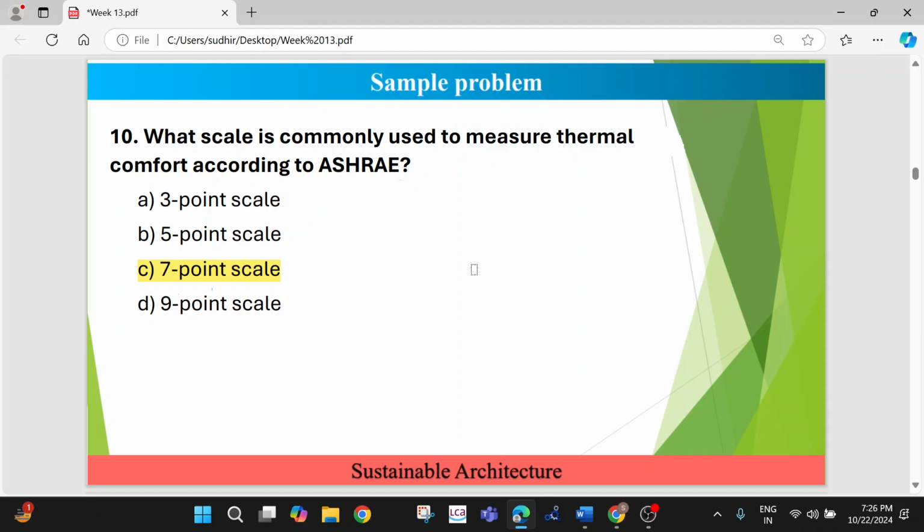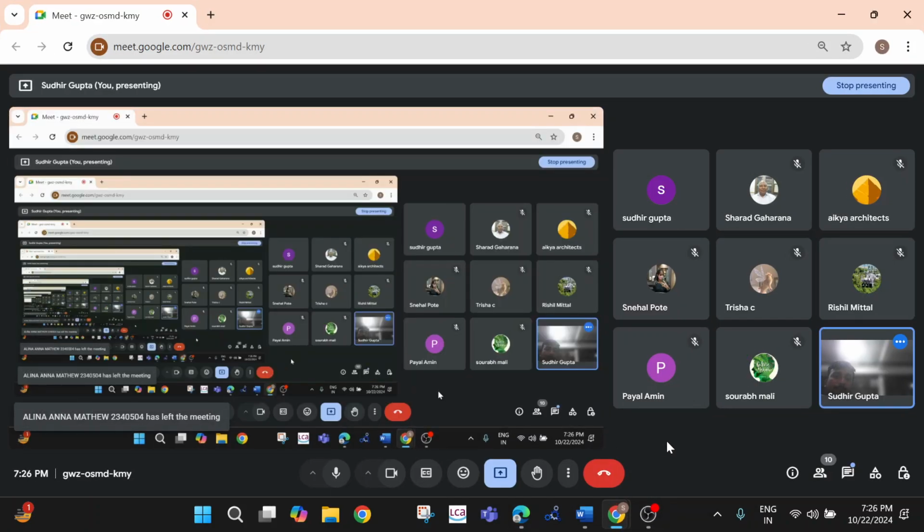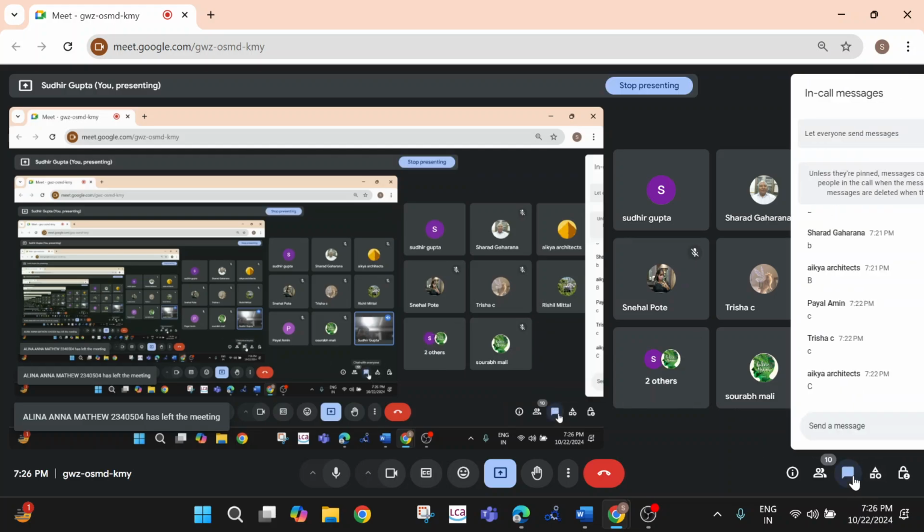So whenever we go for a thermal vote or a survey, we ask the person whether they are feeling cold or very cold, extremely hot, extremely cold. So this kind of rating is done based on these point scales. If he is feeling neutral, he will select 0. Is it clear now? C will be the right answer. Can we move to the next question then?